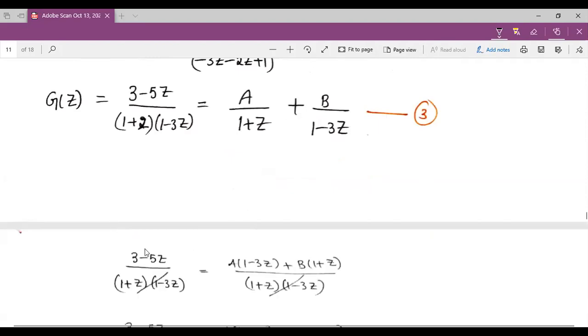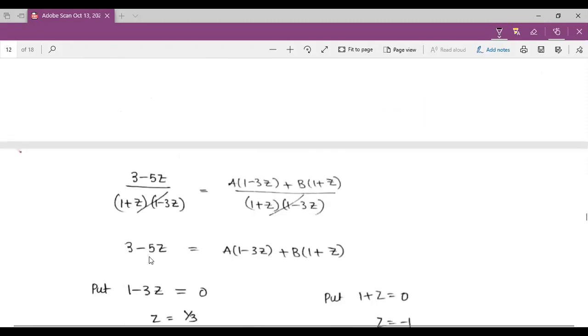Taking the LCM, the terms are a into 1 minus 3z plus b into 1 plus z by 1 plus z into 1 minus 3z. So the equation is 3 minus 5z is equal to a into 1 minus 3z plus b into 1 plus z.